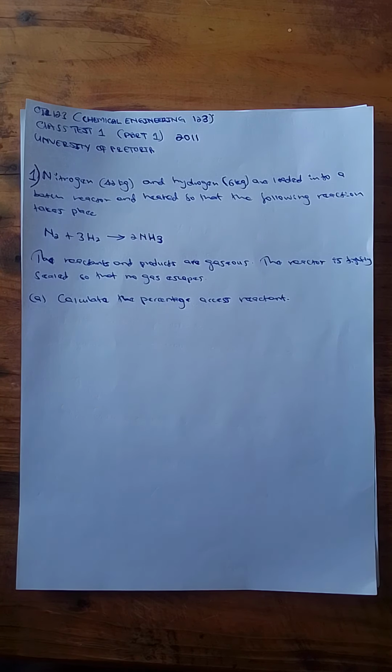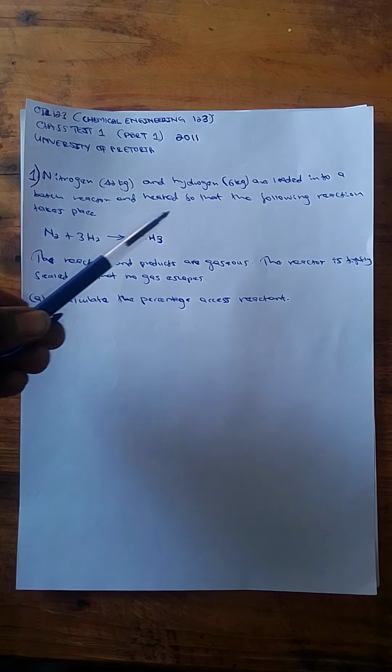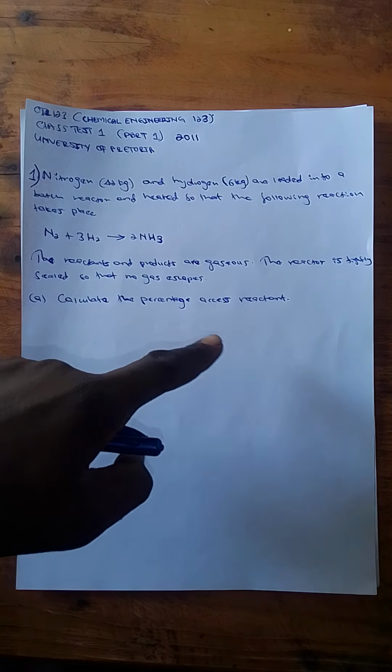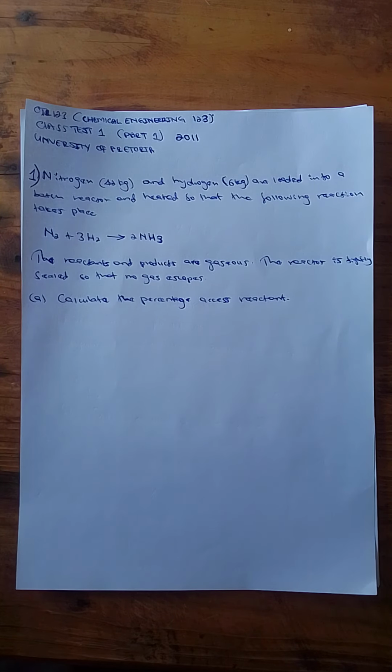Now look, taking into consideration the 42 kilograms and the 6 kilograms of nitrogen and hydrogen respectively, it's not so easy to tell which one is the limiting reactant and which one is the excess reactant. And remember, for us to calculate the excess reactant, the first thing we need to know is which one is the excess reactant and which one is the limiting reactant.